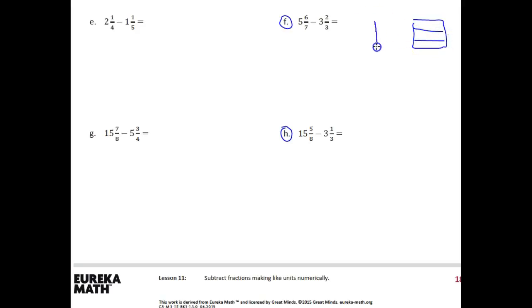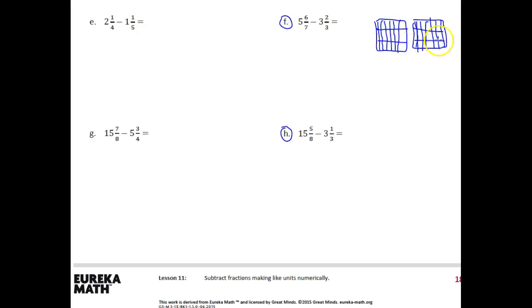Whereas on this side, if it's broken into 7 equal pieces, they're not going to be very big, are they? So in order to make these equal, we have to make this 3 times more pieces, and we have to make this one 7 times more pieces. So these pieces are just getting smaller and smaller as we go.